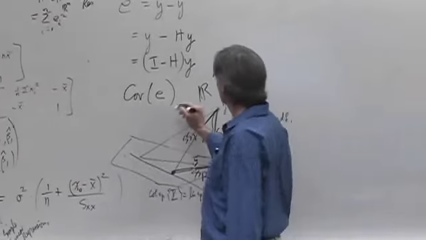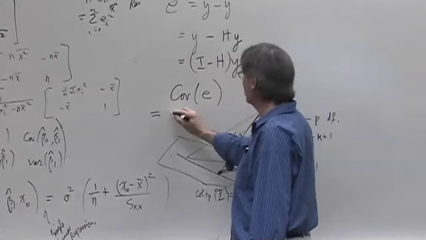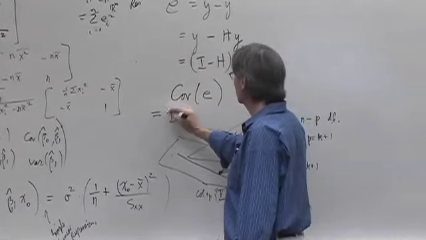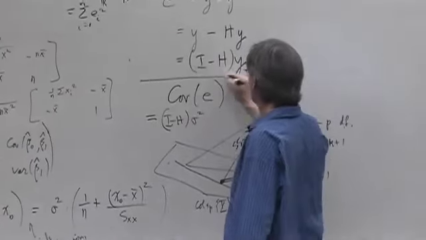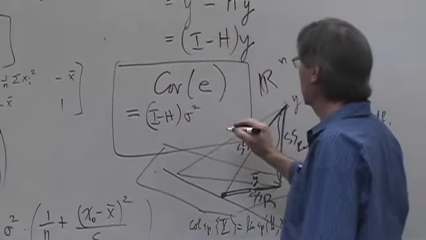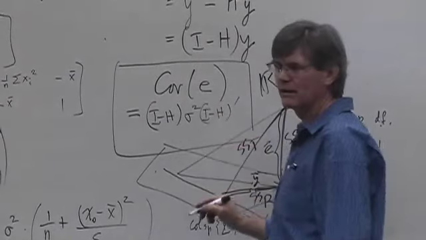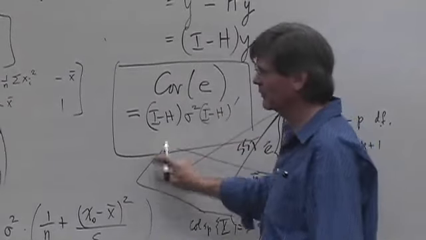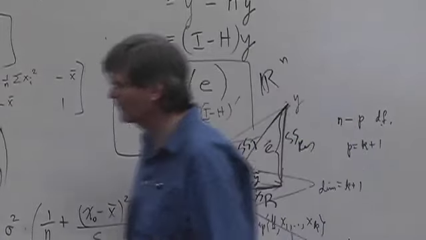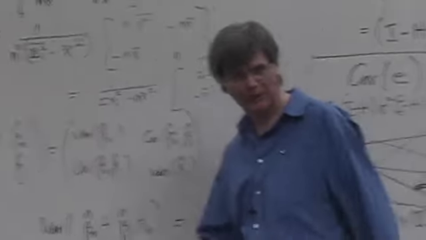So I've got all this. What's the covariance of e then? Well, I just had this formula: it's I minus h, covariance of y, which is sigma squared, times I minus h prime. But h is symmetric. It's obvious if you go back to it: the x prime x inverse, x prime, if you take the transpose, it comes out the same.